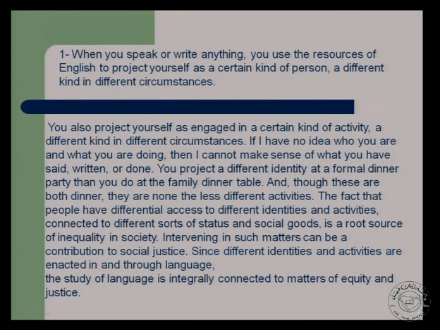So, when you speak or write anything, you use the resources of English to project, to present, to introduce yourself as a certain kind of person, a different kind in different circumstances. Sometimes in the house, you want to appear as a father.